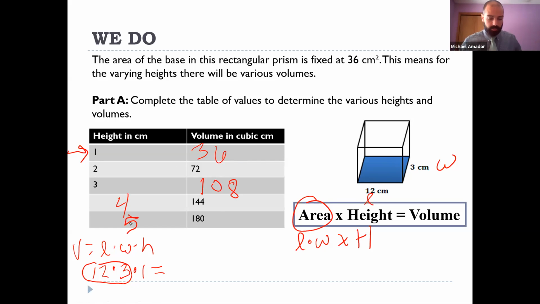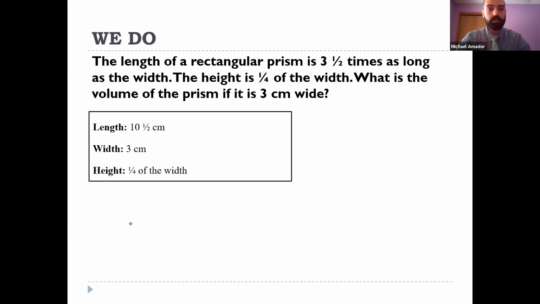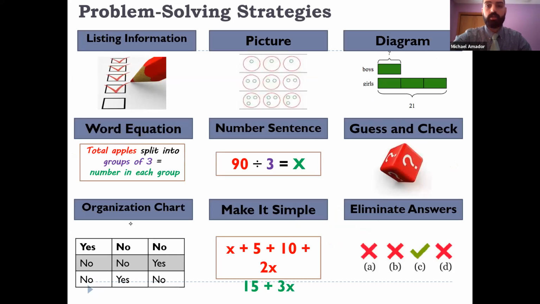So scholars, just to remind you of some of the skills that you're going to use while you move into IP, we're going to skip over the rest of the we do and move into IP. We are going to use these problem-solving strategies: listing information, drawing pictures and diagrams, and writing word equations and number sentences.